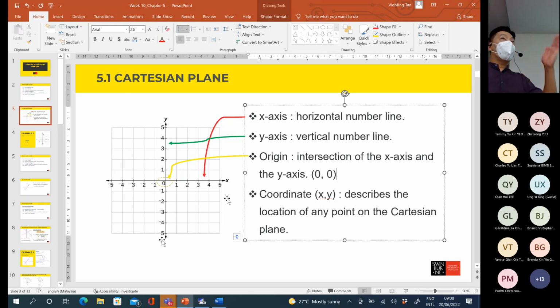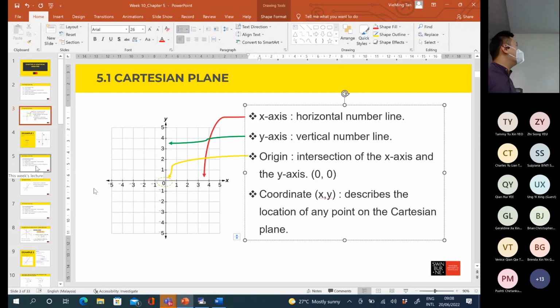And on the left hand side of the y-axis, all of the x values are negative numbers, that means below 0. Above the x-axis, all of the y values are above 0, positive numbers, and below the x-axis, all of the y values are negative numbers. I think you learned this in your Form 4 syllabus.